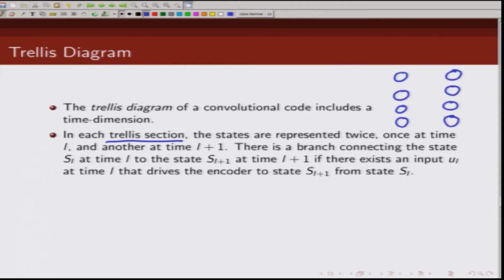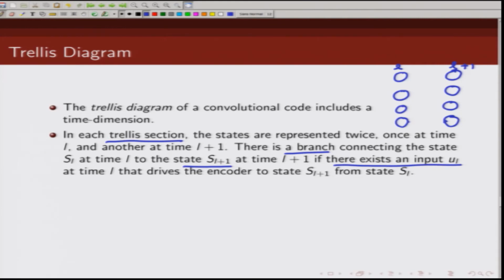Next, what I am going to do? I am going to add a branch connecting a state at this time instance at time L to a state at time L plus 1, if there exists an input that will drive the encoder to state S_{L+1} from state S_L. So, at time L, these are the states corresponding to time L, and these are the states corresponding to time L plus 1.